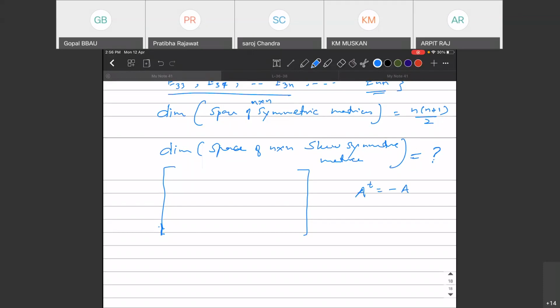From here, what can you say about its diagonal?